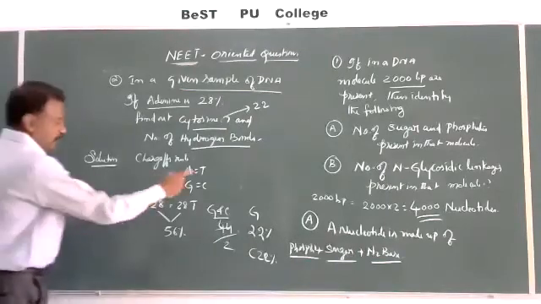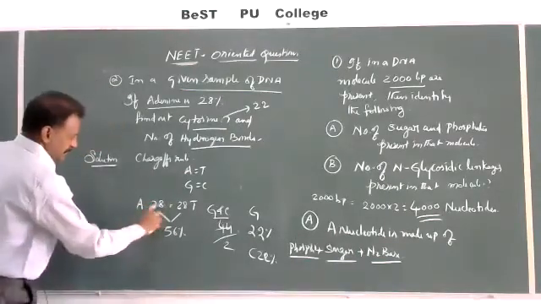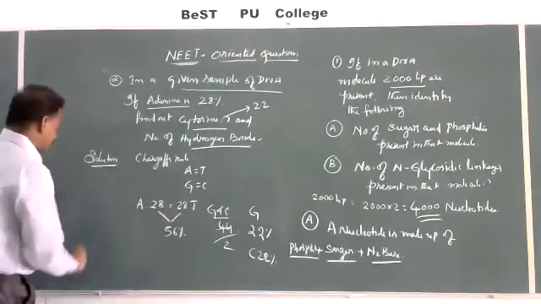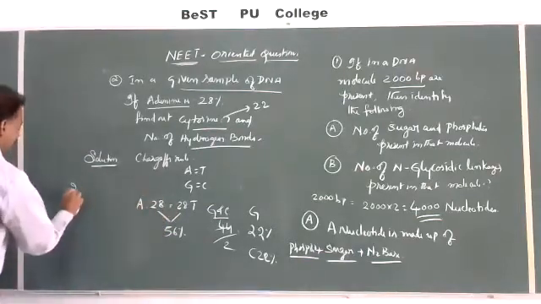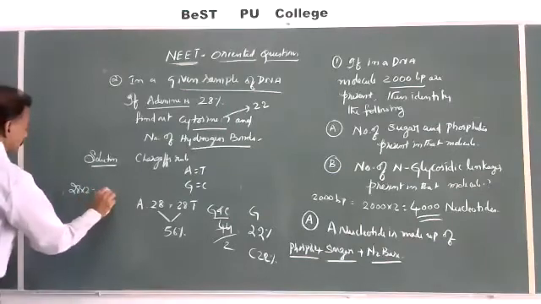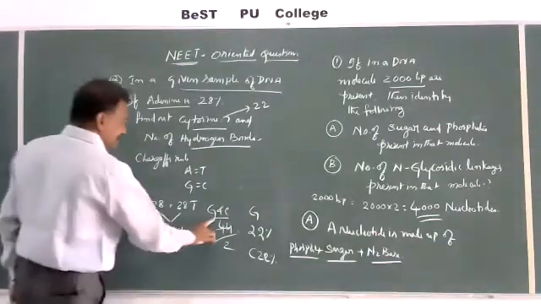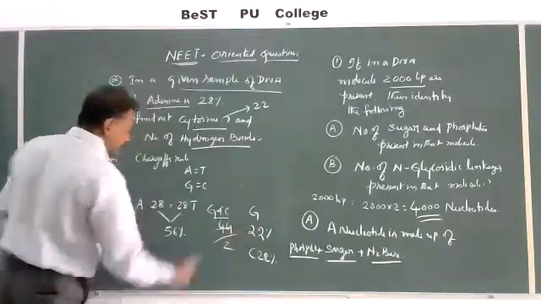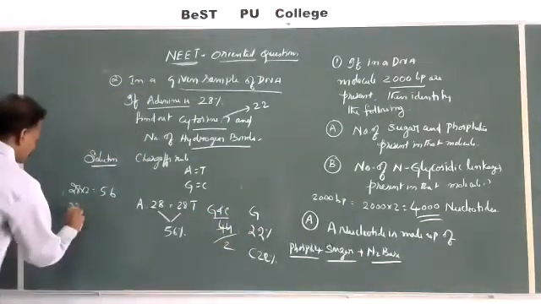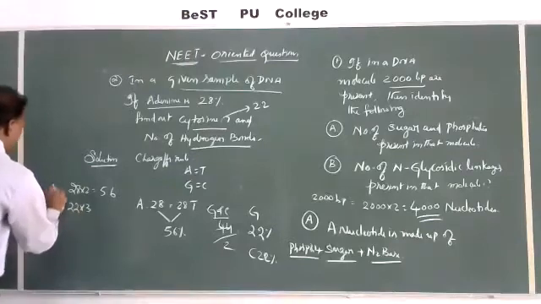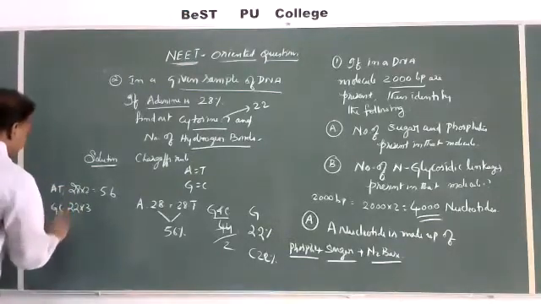The concept of hydrogen bonds: AT always has two hydrogen bonds, 28 into 2, 56. GC always has 3 hydrogen bonds, 22 into 3. AT, GC.